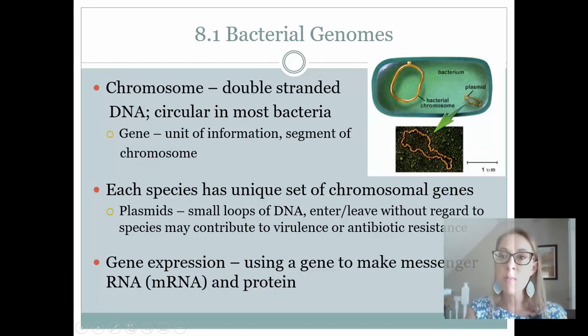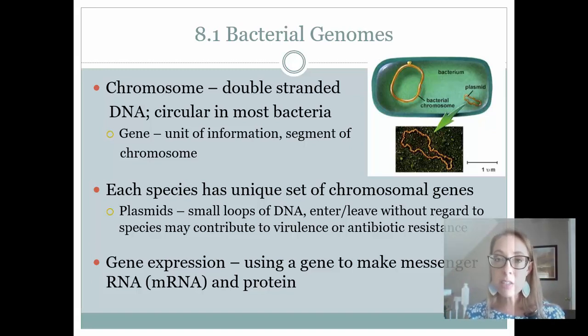There's oftentimes more than just one plasmid, and it's on these plasmids that we see non-essential genes. These may be things for extra virulence. When we talk about toxins that may be produced, they could be part of that plasmid loop of DNA.